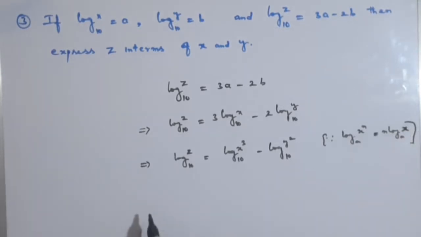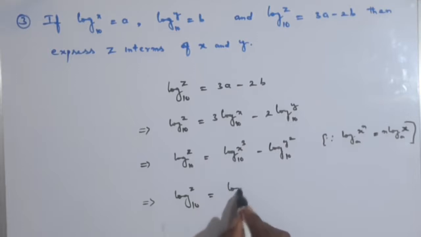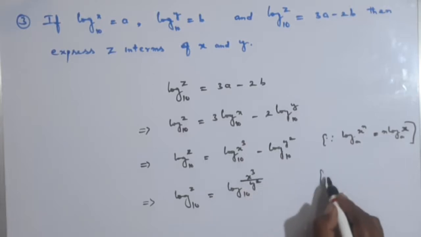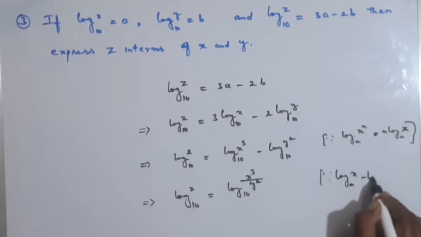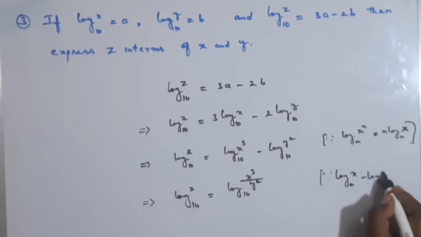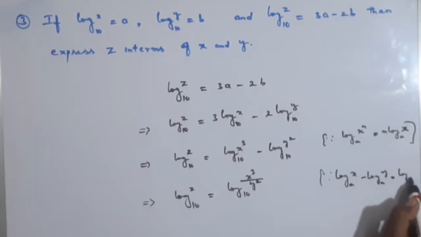Which implies log base 10 to z equals log base 10 to x cube by y square, by the formula log base a to x minus log base a to y equals log base a to x by y.